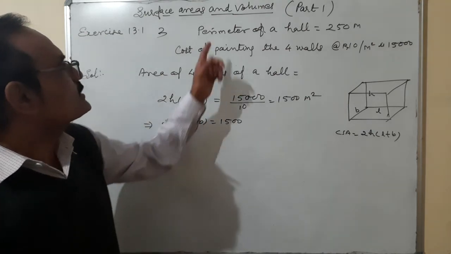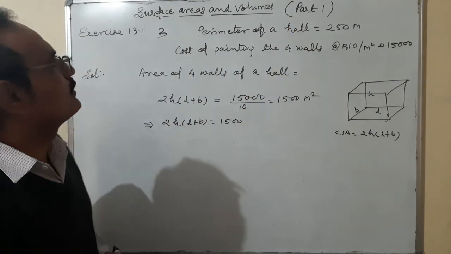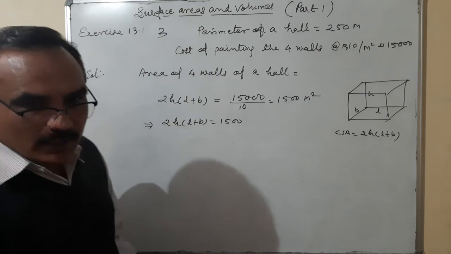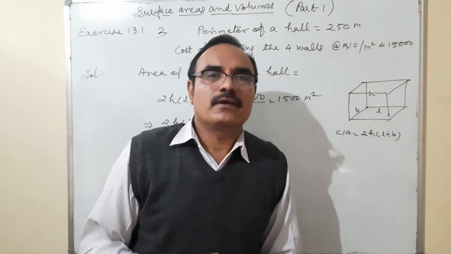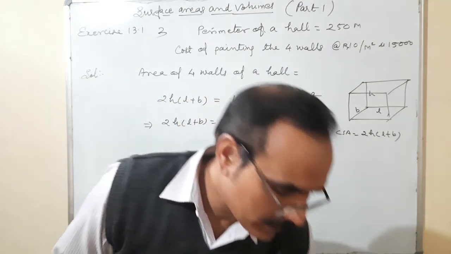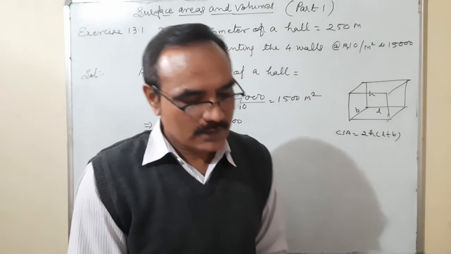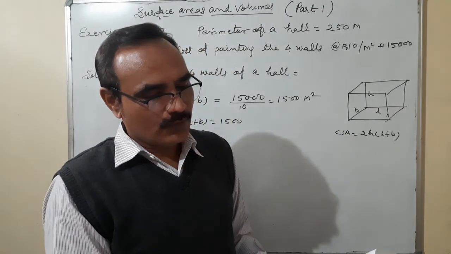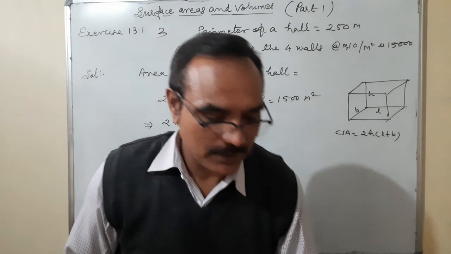That is one. Second is the perimeter of the hall, which is given. The first line says the floor of the rectangular hall has a perimeter.